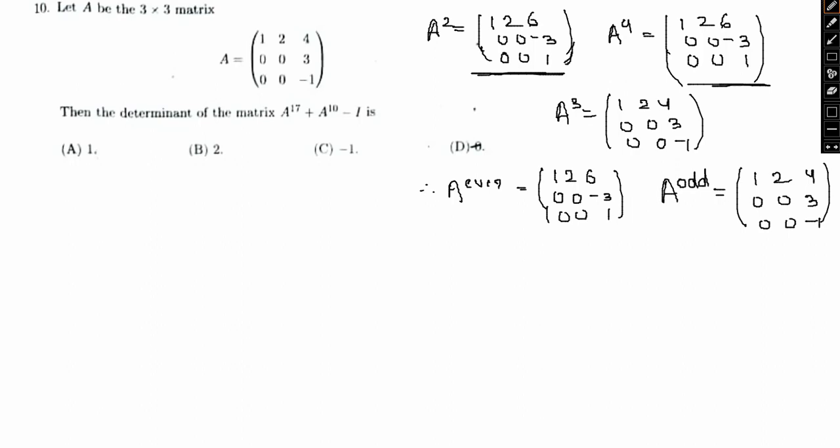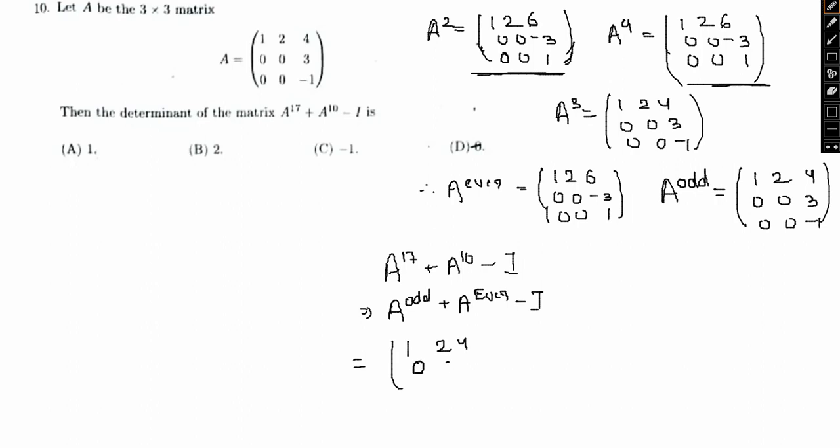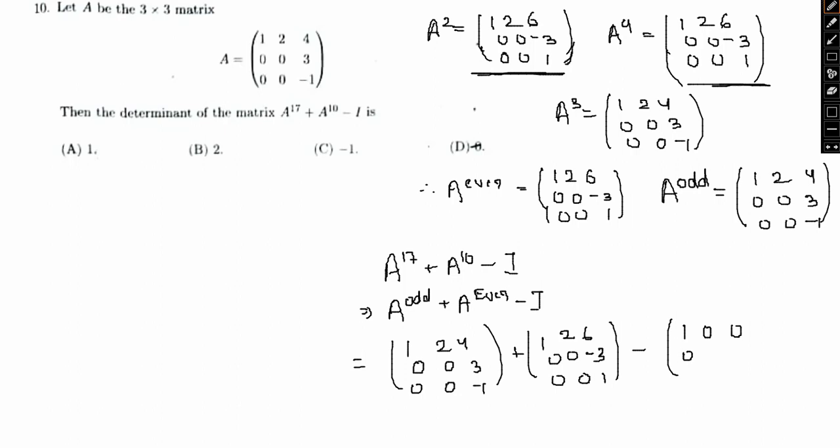So now what we need is A^17 plus A^10 minus the identity matrix, that is A odd plus A even minus I. Okay, so this can be written as [1 2 4; 0 0 3; 0 0 -1] plus [1 2 6; 0 0 -3; 0 0 1] minus [1 0 0; 0 1 0; 0 0 1], the identity matrix.